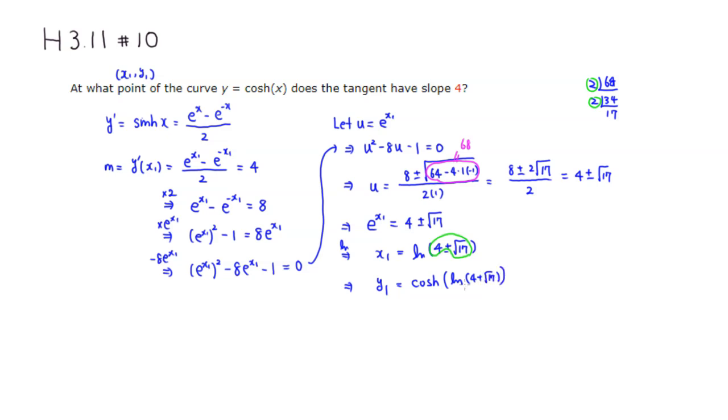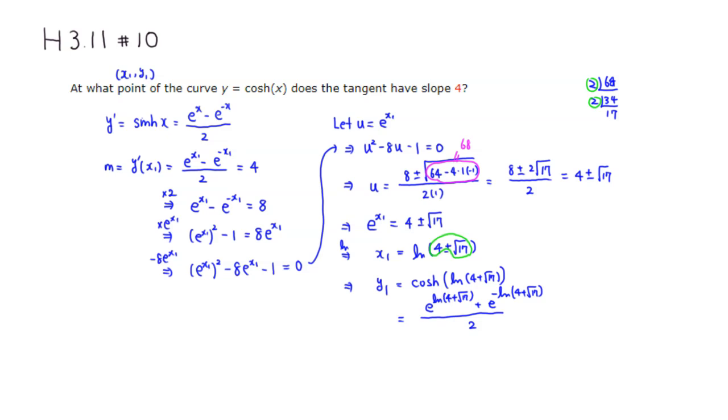All right, so we have that. What's this? Let's simplify. Hyperbolic cosine is e to the something, so you have e to the natural log of 4 plus square root of 17 plus e to the minus natural log of 4 plus square root of 17, and over 2.